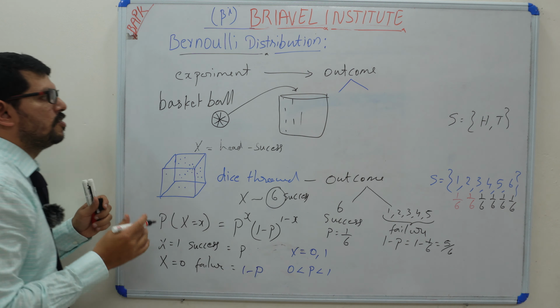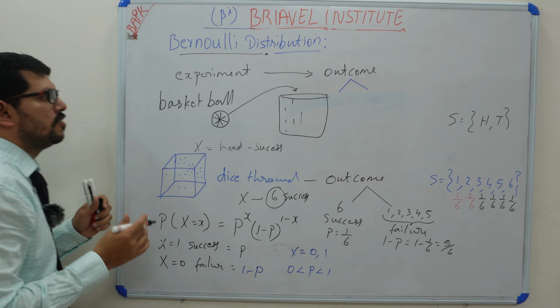The outcome will be success or failure. So what will be my failure? Failure will be 1 minus p. So it is 1 minus 0.6 is equal to 0.4. That will be my failure.